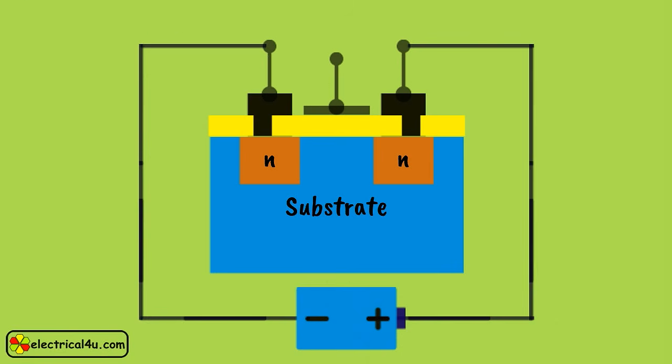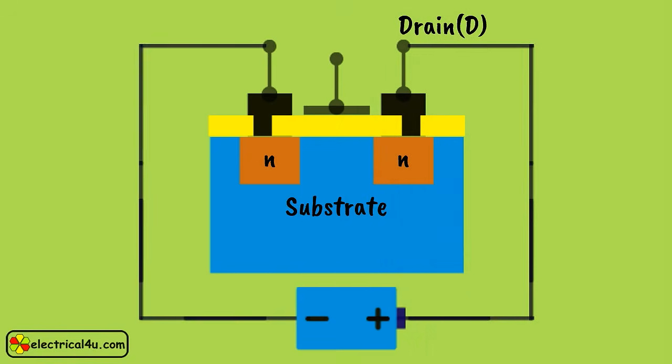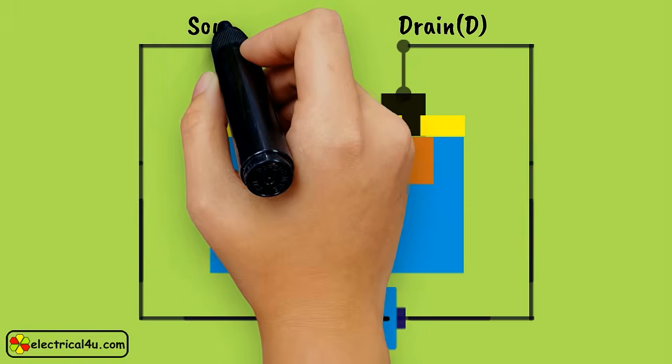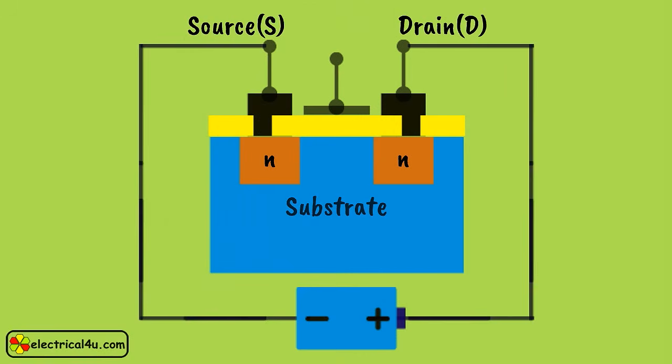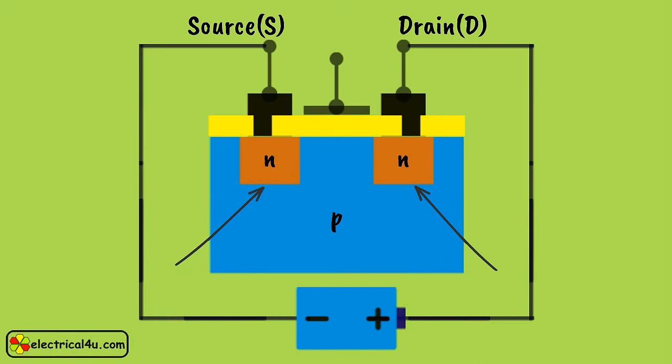The N-type region connected with the positive terminal of the source is called the drain, and the N region connected with the negative terminal of the source is called the source. As soon as the drain and source are connected with the DC voltage source, there will be two PN junctions formed. One is between N-type drain and P-type base, and the other is between P-type base and N-type source.